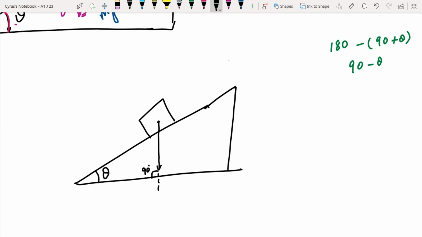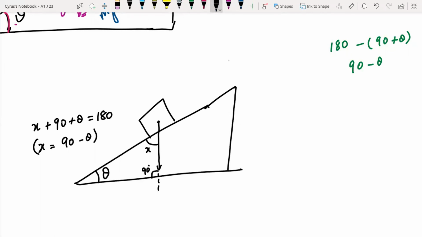In a triangle, the sum of all angles is equal to 180 degrees. So this angle here is x, for example. So you should know that x plus 90 plus theta is equal to 180. And x would be what? That would be 90 minus theta. So this angle here is equal to 90 minus theta, right?